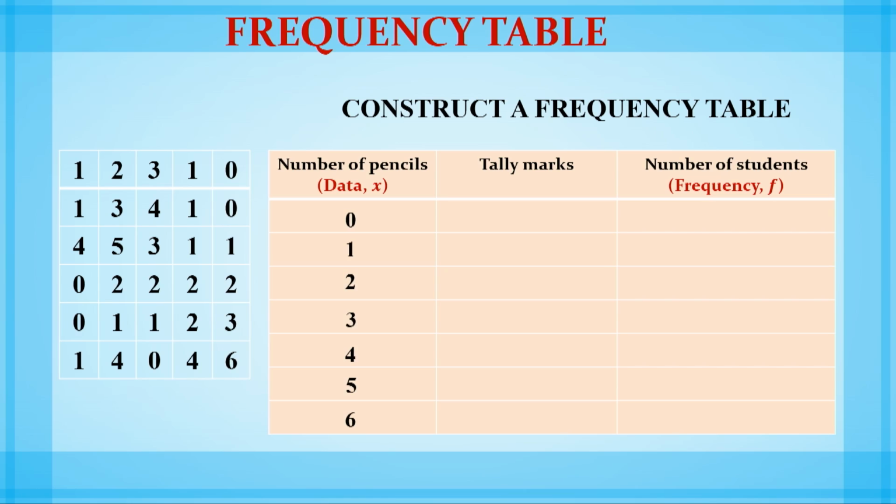Next, go through the list of number of pencils. The first value is 1. So, put a tally mark against 1 in the second column in the table. The second value is 2. So put a tally mark against 2 in the second column. Continue this process until all values in the list are tallied as demonstrated here.